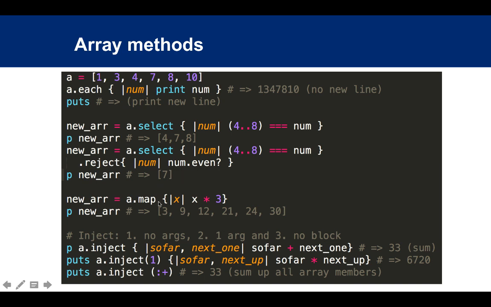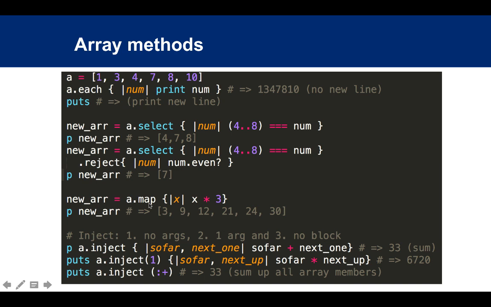Okay? So another use case you could do is you want to modify each element in the array and return an array with new elements in it. In this case, it's a map without an exclamation, so it doesn't actually modify the existing array, the A array.